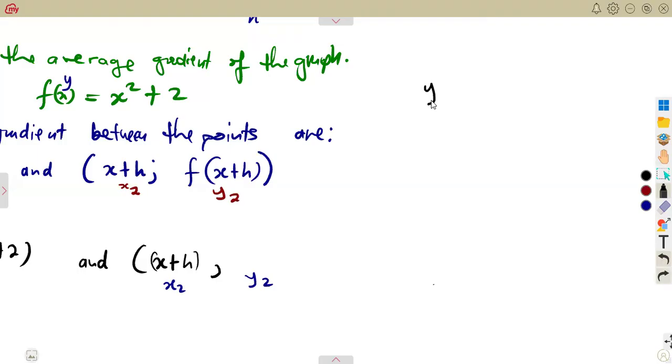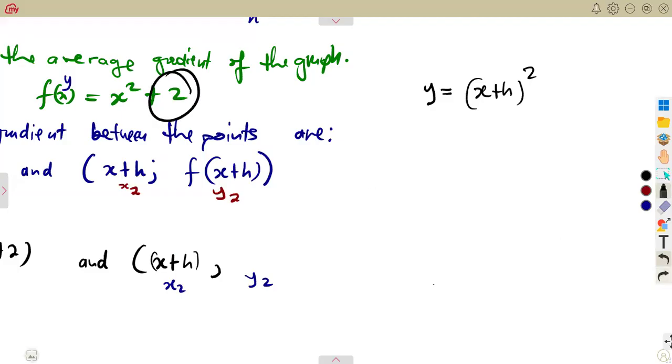So y is equal to, this time, the y value that we need here is when you substitute your x as x plus h. So where there's an x here, you are going to have x plus h squared in place of the x. You substitute what you're given. If there is a 2, you substitute 2, just like what we had before.